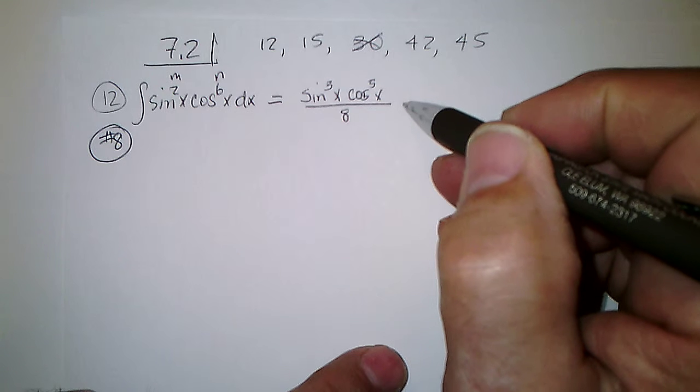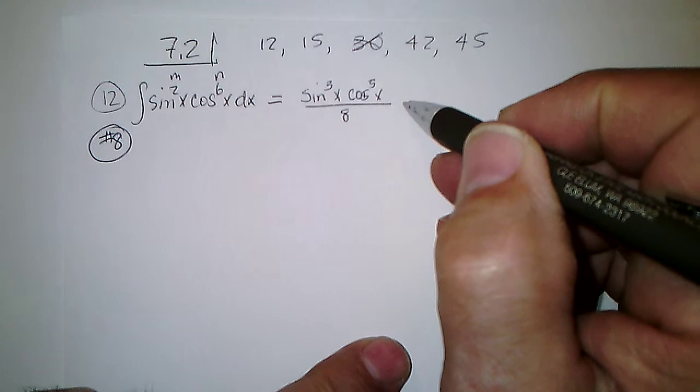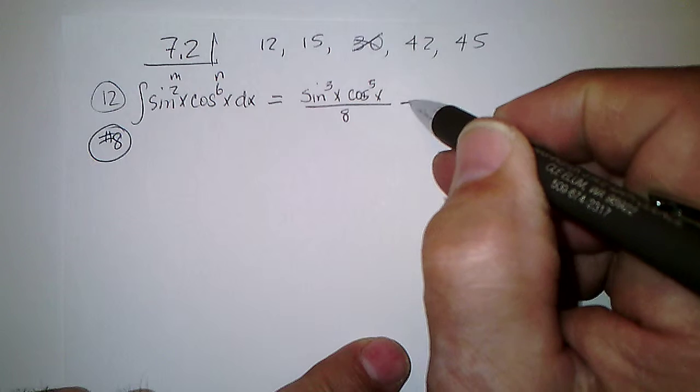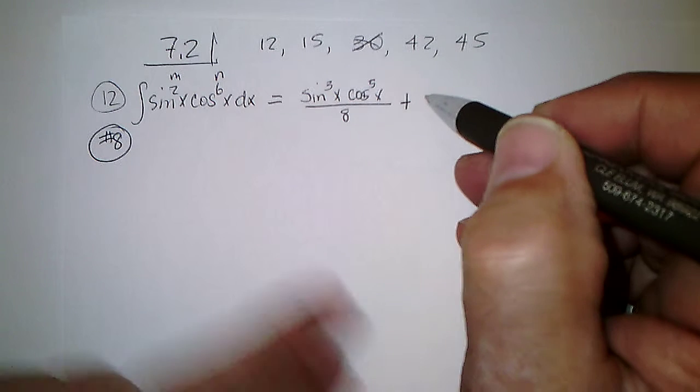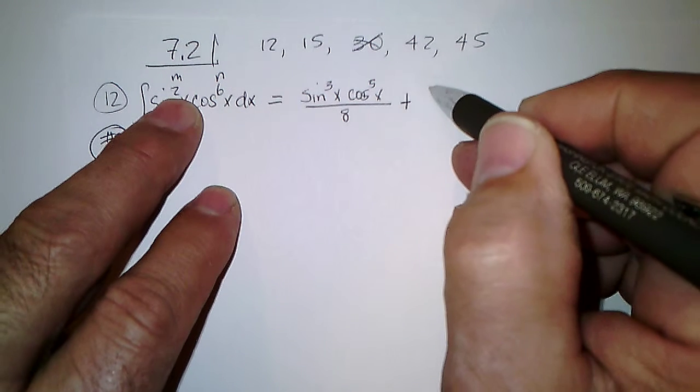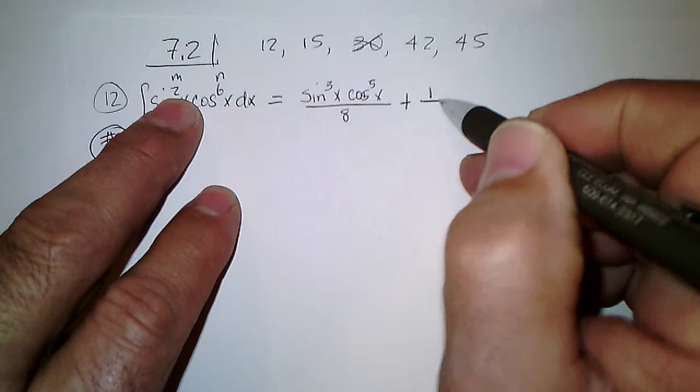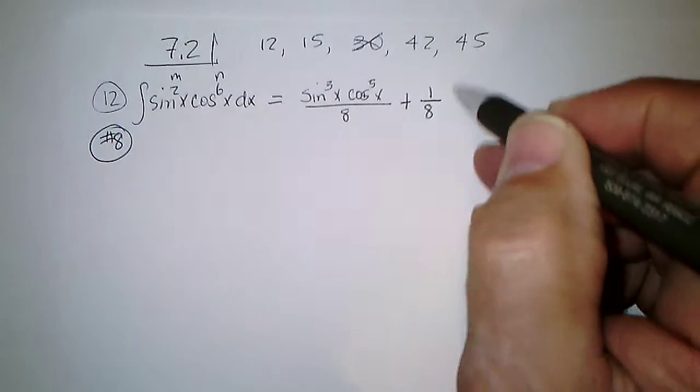And then it's m minus 1 over m plus n. 2 minus 1 is 1 over m plus n, 8 again.